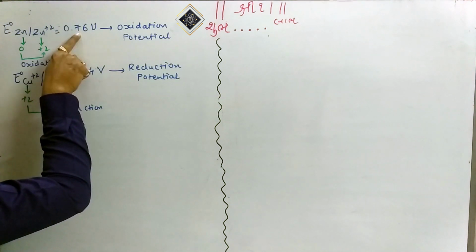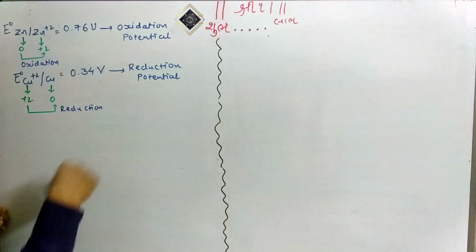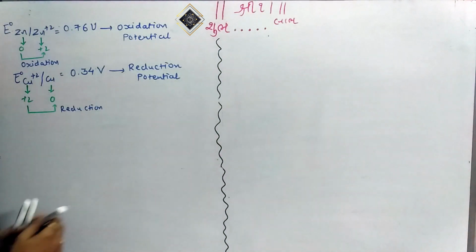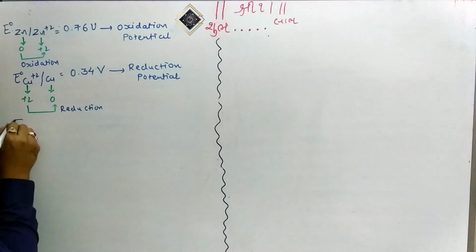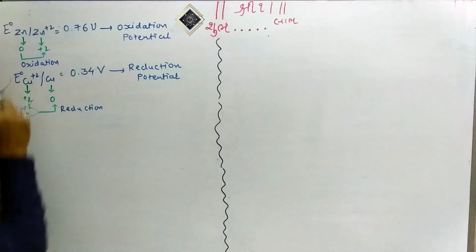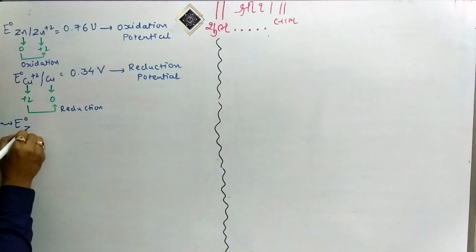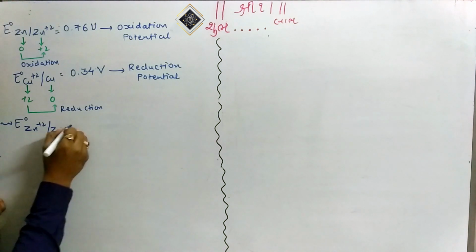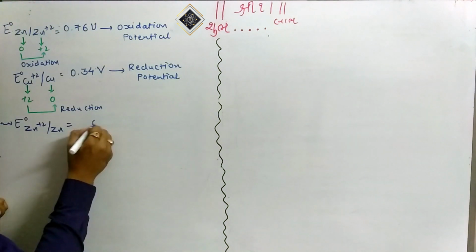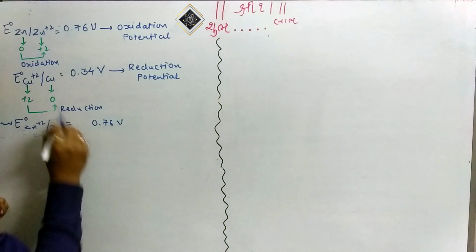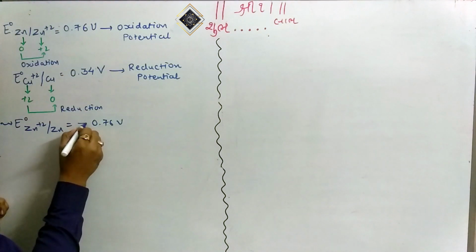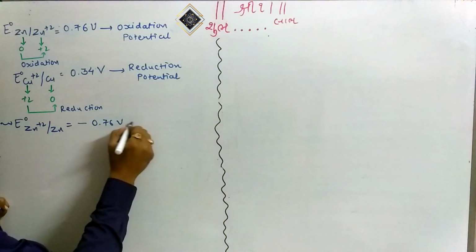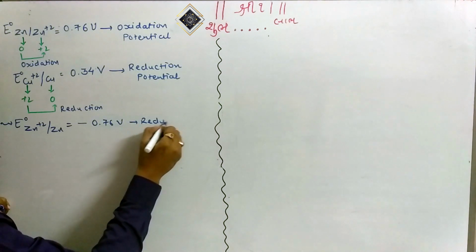That means this value here is positive, then the reduction potential becomes negative. So E0, invert the term: Zn²⁺ first, then Zn. The numerical value remains the same, but the sign is negative. Now this is a reduction potential.